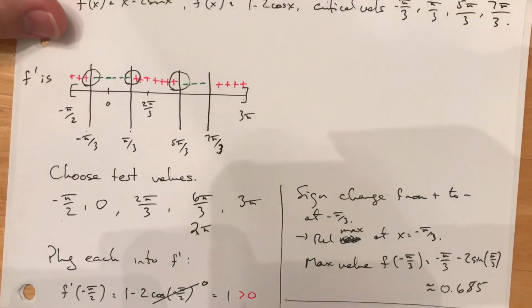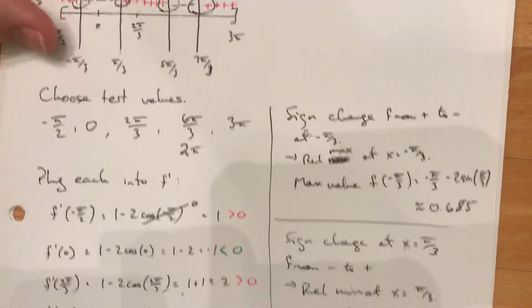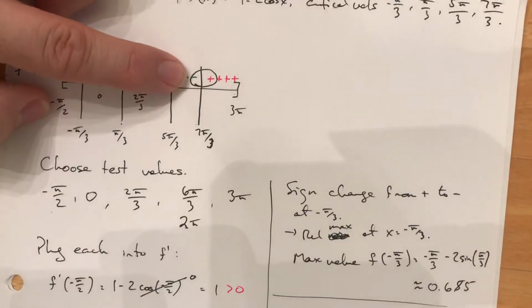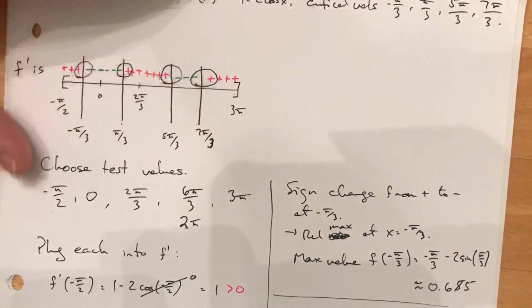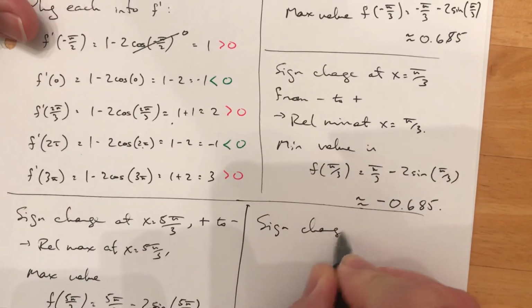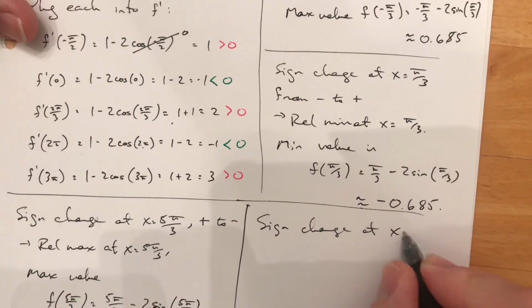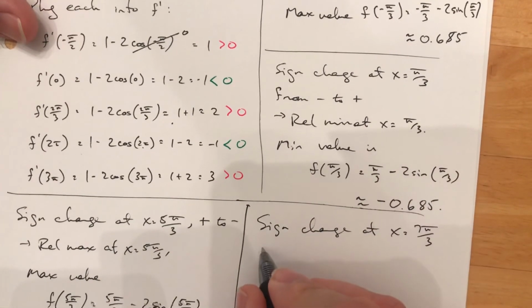And then finally, we have a little relative minimum. The sign changes this time from negative on the left side to positive on the right side, at x equals 7 pi over 3.